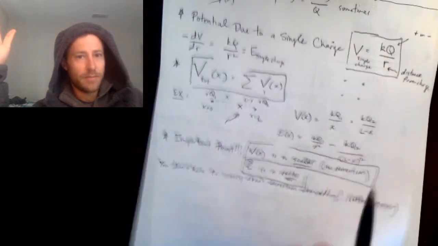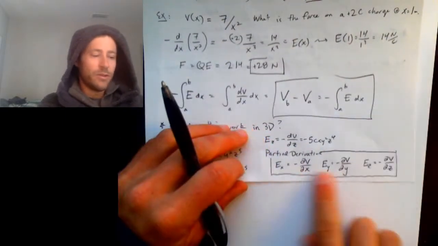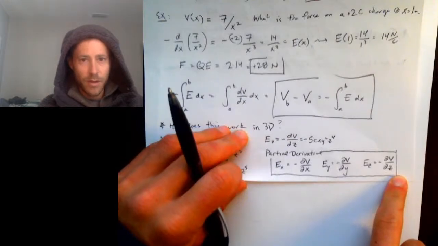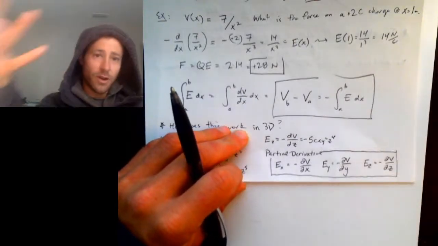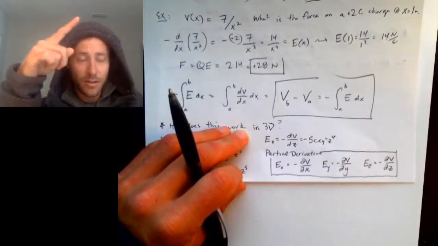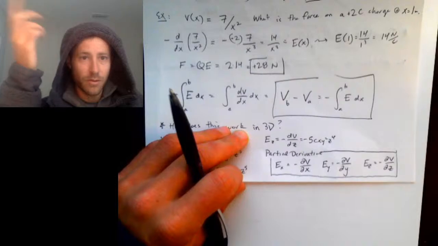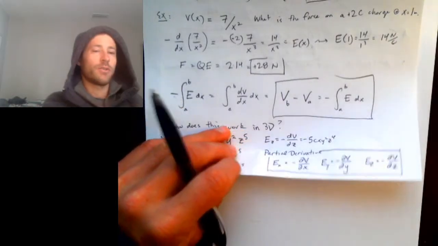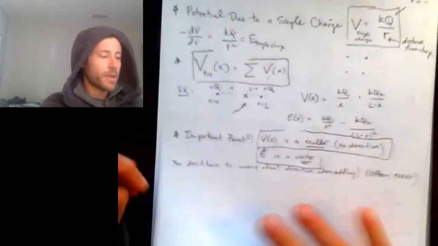And then, once you're done with your calculation for the electric potential, you follow this rule and you generate the components of the electric field afterwards. Because if we were to start out by trying to calculate the electric field, then we have to worry about the i, j, and k components of the electric field and whether they're canceling out or adding together or whatever, and it gets more complicated.